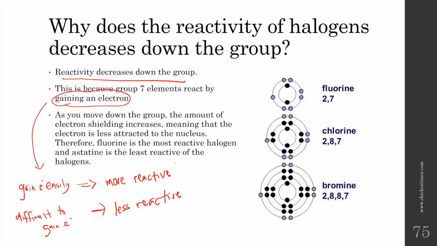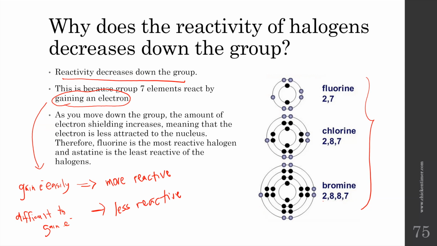Are we together right now? So you will examine this tree. Then you think about which one will gain electrons more easily. So what happens is fluorine only has 2 shells.